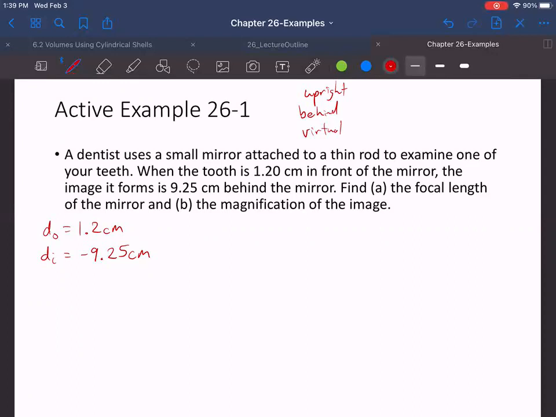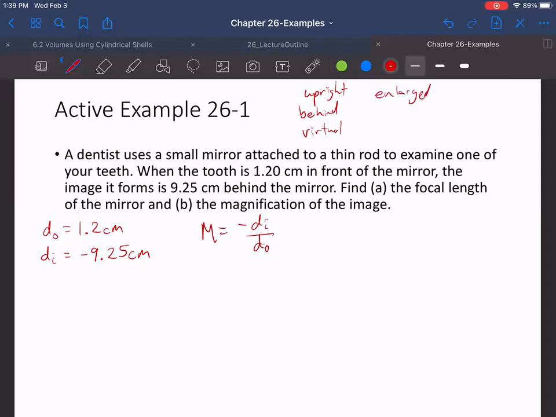Is this thing enlarged or reduced? What's our magnification equation? Good, negative DI over DO, right? So if we're doing DI over DO, are we getting a number greater than 1 or less than 1, or equal to 1? Greater, so is this enlarged or reduced? Enlarged.